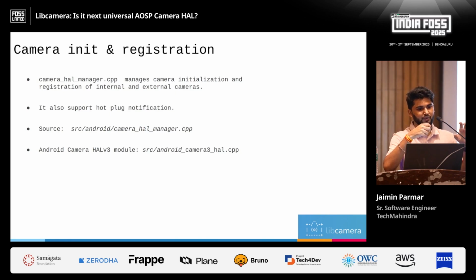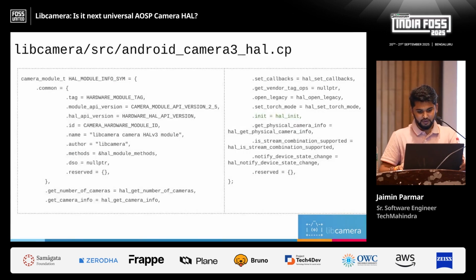If you have the camera provider HAL, you can directly call that SO library, and basically it will do the dlopen, and you have to call the camera init, and all the functionality of the camera init is in the source Android camera_hal_manager.cpp. This is the file from the Libcamera git tree. So let's take a look. Basically, this is the Android camera HAL3 wrapper of the Libcamera.